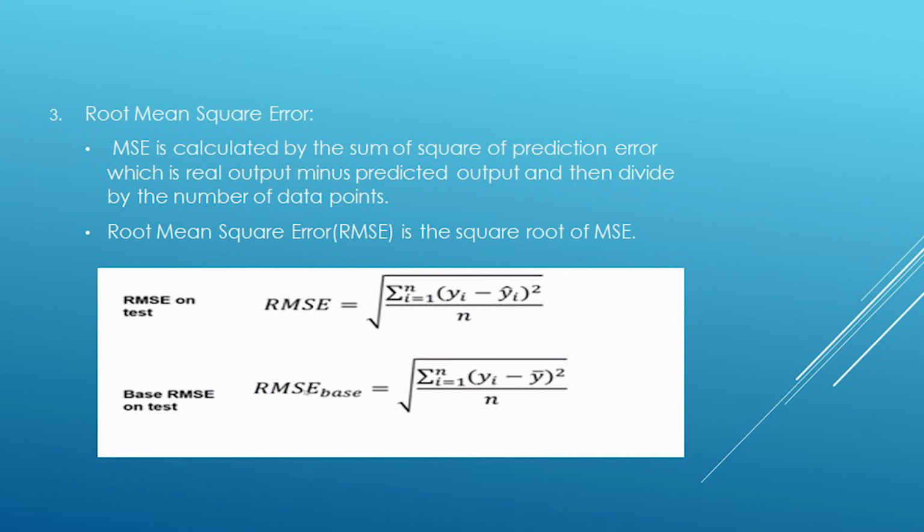And for the base model, considering the mean as the best estimate, it is the real output minus the mean of the test data, the whole square divided by n, the whole term square rooted. While comparing these two values, if RMSE test is less than RMSE base, then the model which we built is considered to be the best model.